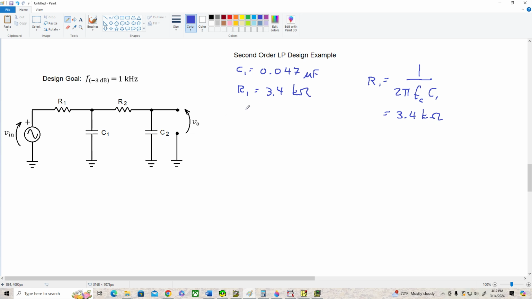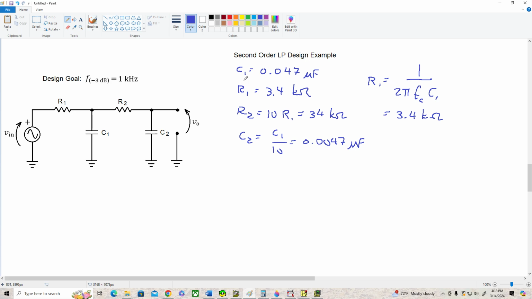So if I make R2 equal to 10 R1, that gives me 34 k ohms, right? And C2 is equal to C1 divided by 10. That gives me 0.0047 microfarads, okay? So the product R times C is the same for both sections, all right?